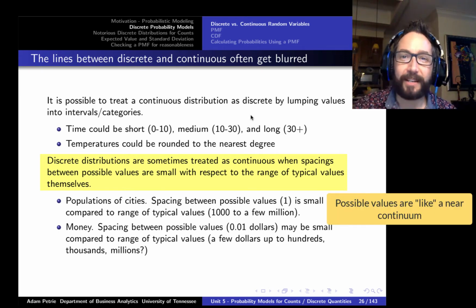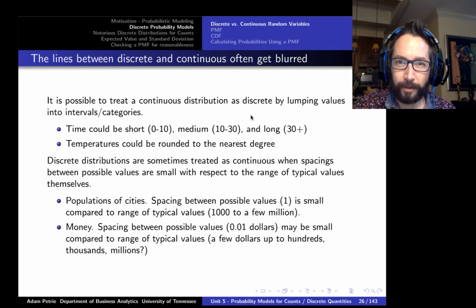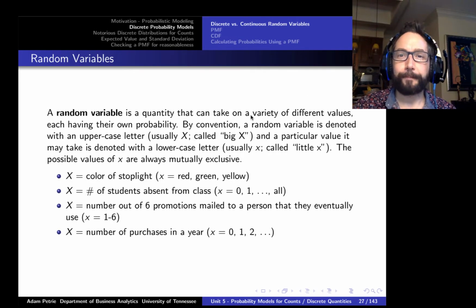And it might be a little bit easier to actually model them as a continuous quantity instead of coming up with a count model for them, a discrete model. So we'll blur the lines between discrete and continuous, but overall this unit's going to focus on discrete quantities, mostly counts in business analytics, and what probability models are applicable to them.